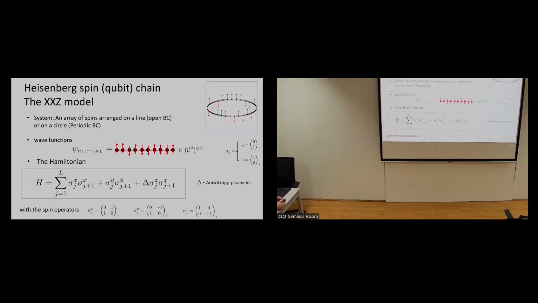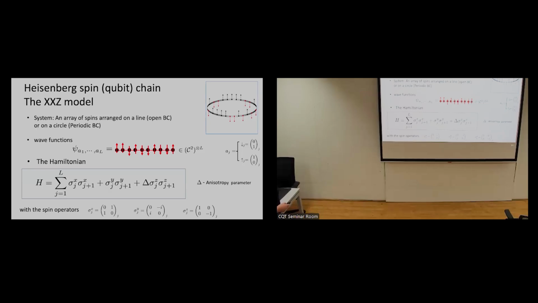So the most famous example is the Heisenberg chain, or qubit chain in modern parlance, called the XXZ model. So we have spins arranged in a circle, let's say. We can also talk about an open line, but let's make it simple and impose periodic boundary conditions.